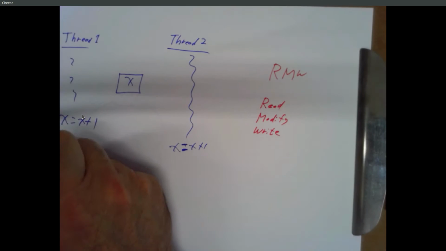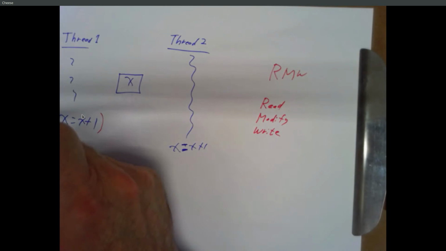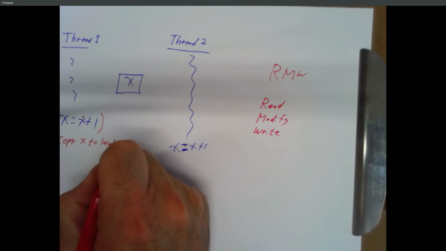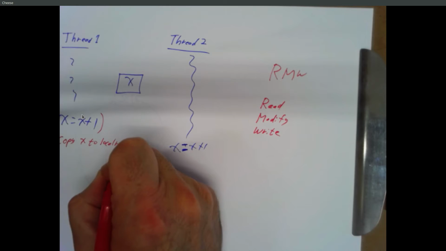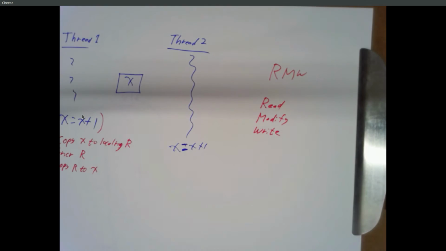So let's look at that. So x equals x plus 1, maybe in assembly language or bytecode, this says copy x to local register R. And then increment register R. And then copy R to x. It could potentially go out of bounds.